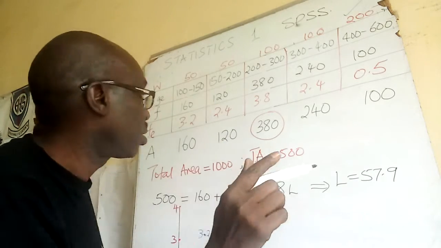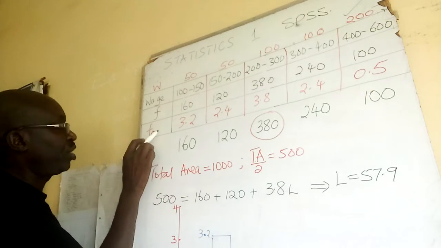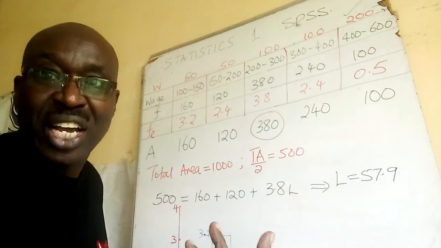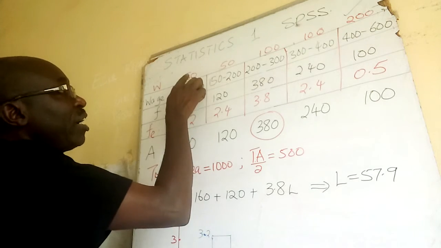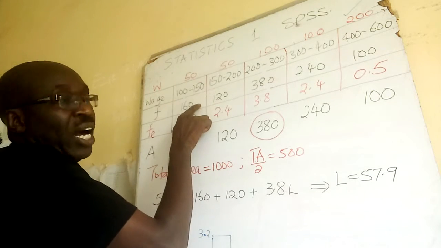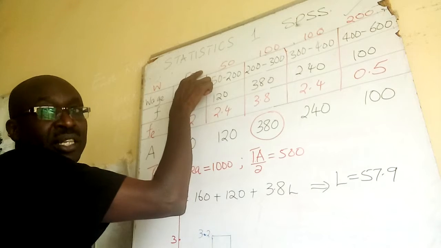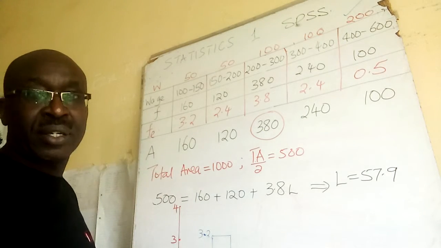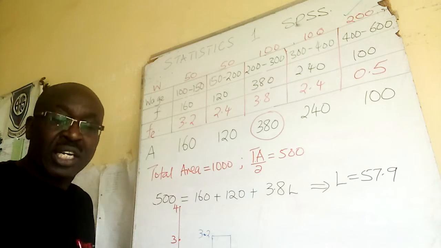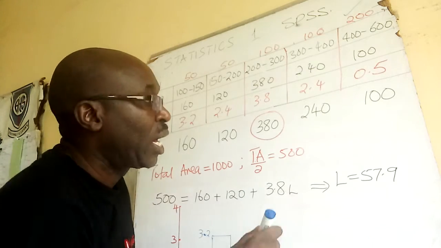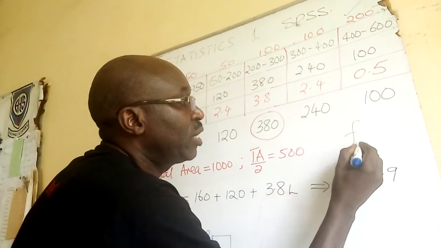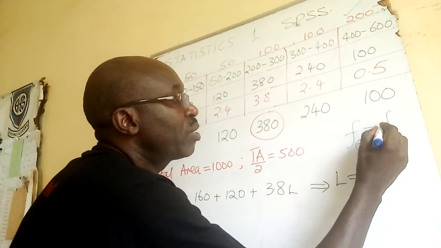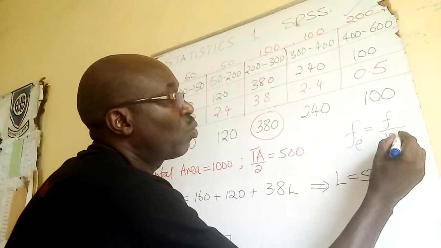What next? Frequency density. How do you get it? You take the frequency and divide by the width. So 160 divided by 50. Frequency density is equal to frequency over width.